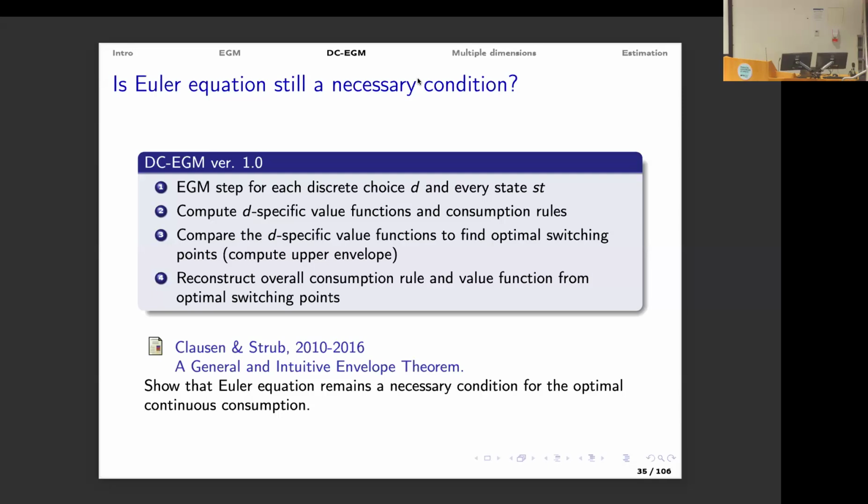Given our assumptions on the utility function, it turns out that when we intersect value functions, the kinks that appear are kind of downward pointing. They establish that it will never be the case that the optimal solution of the maximization problem will actually be at the non-differentiable point. And that basically means that, yes, we can use the Euler equation.